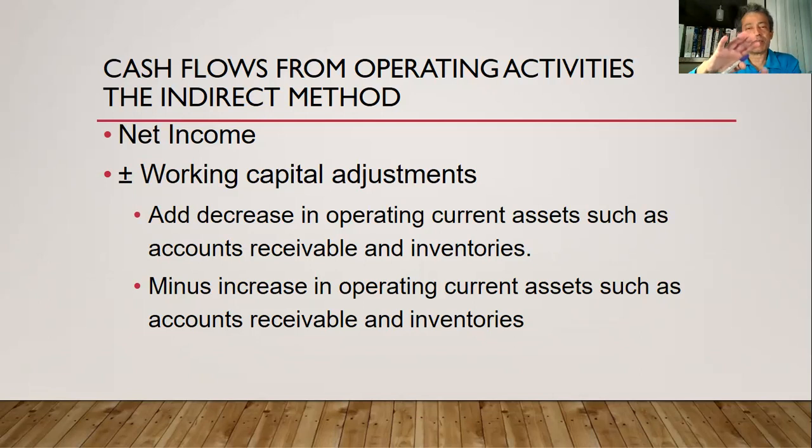Then just flip this rule for current liabilities: add any increase in current liabilities and subtract decreases in them. So the rule for current liabilities is diametrically opposite to the rule for current assets. Current assets follow one rule, current liabilities follow a different rule.